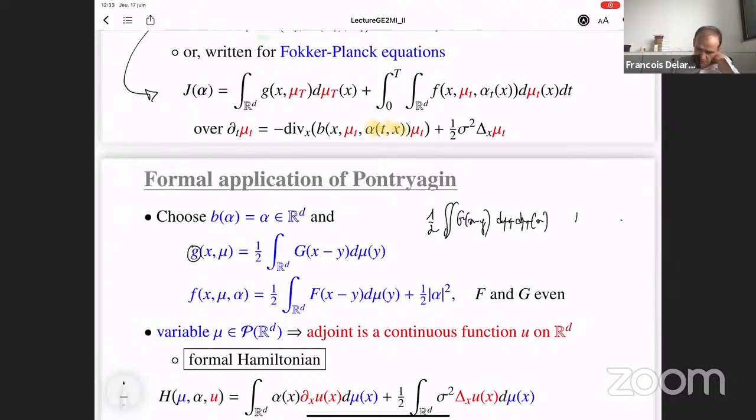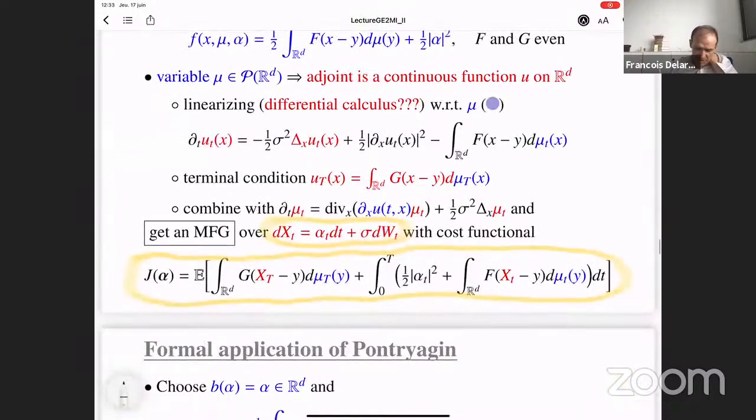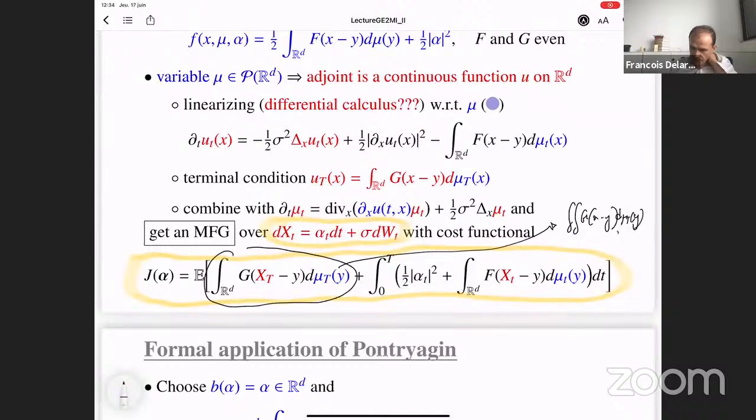So this was the cost for the mean-field control. We put a C for control. Whilst if you have the cost for the MFG, in this example there is just one simple integral. And even though you integrate with respect to the law of the equilibrium, what you get is the integral of G(x-y) dμ_t(y) dμ_t(x) without the 1/2. There are some differences. These are not the same cost problem.